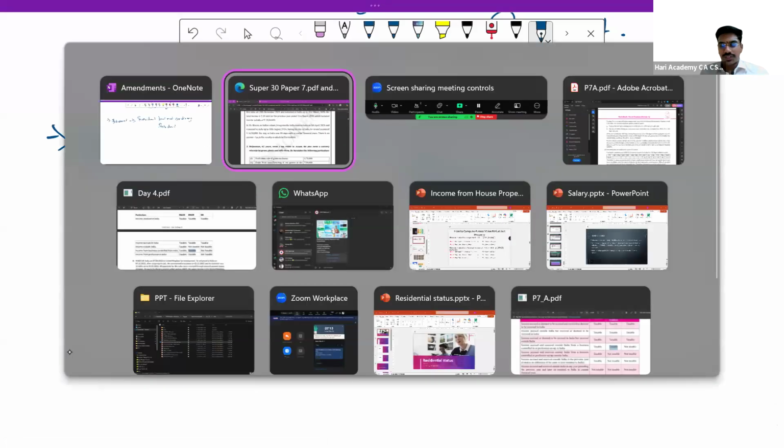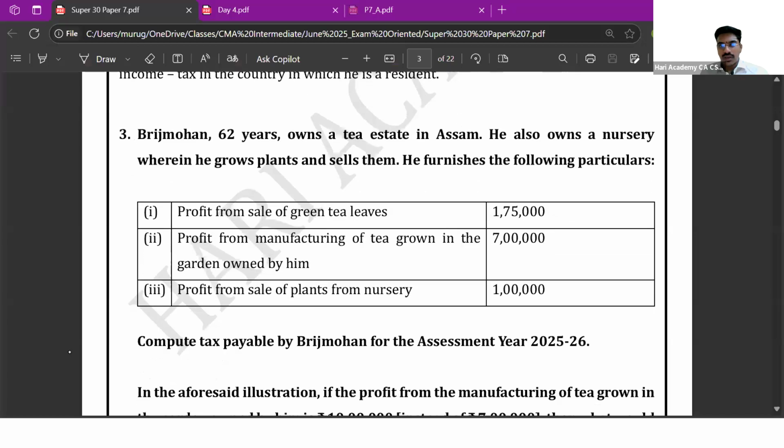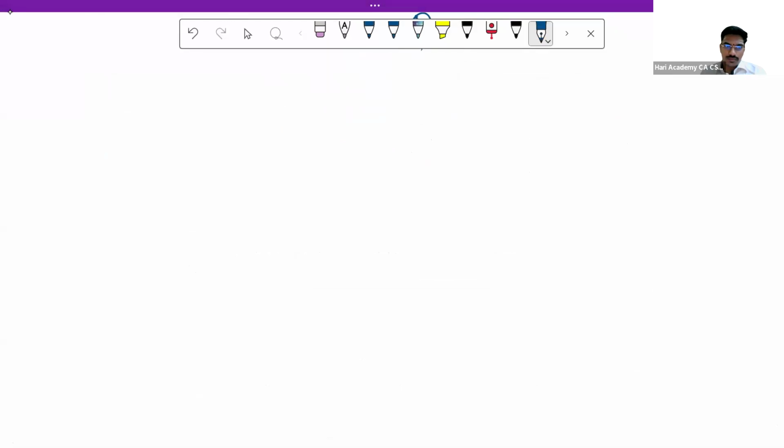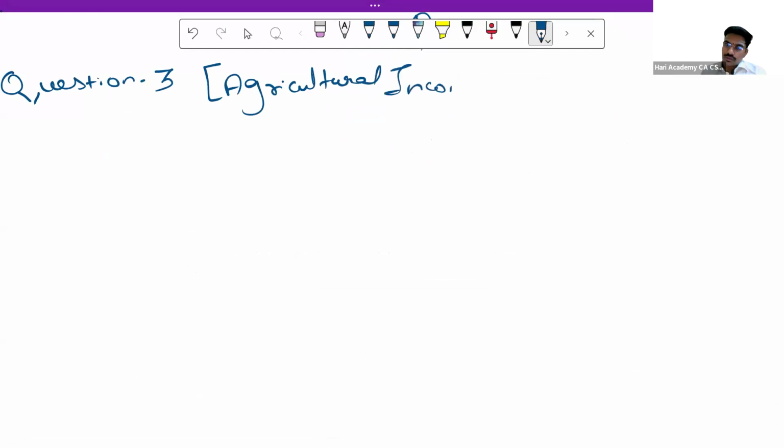Okay. With this, question number 2 comes to an end. Third question is in relation to agricultural income. Question number 3, agricultural income. In agricultural income also, there are totally 2 types of questions which are generally tested.